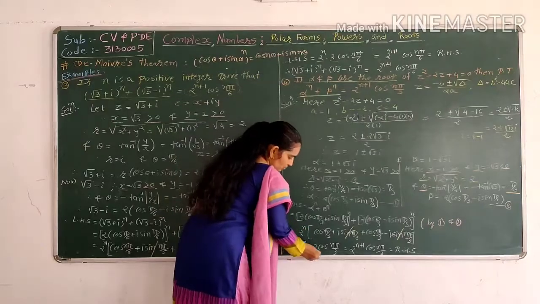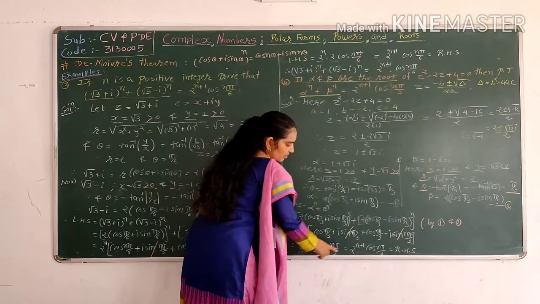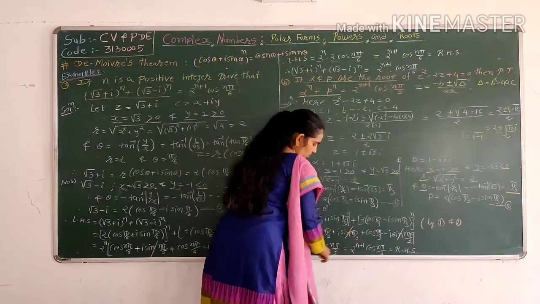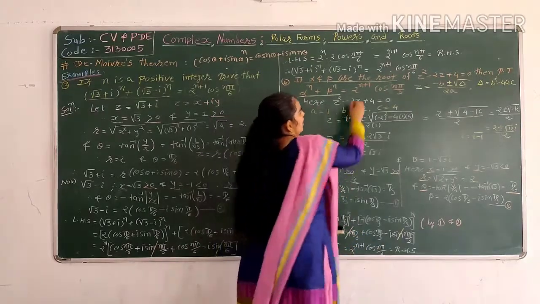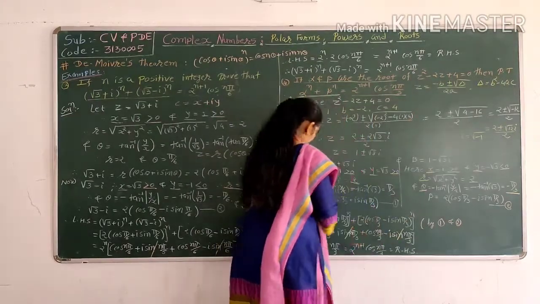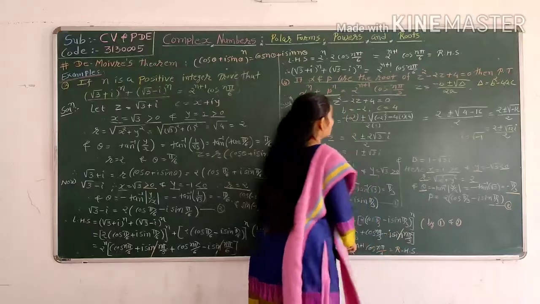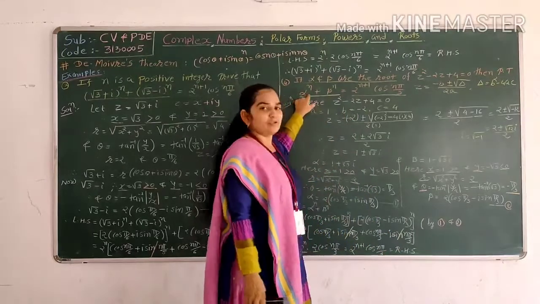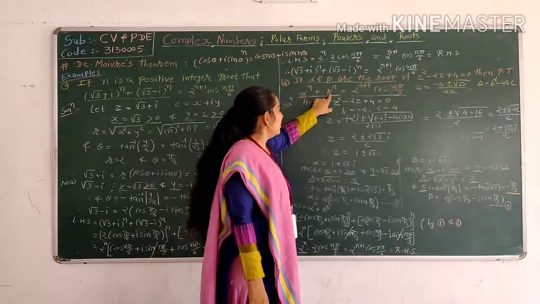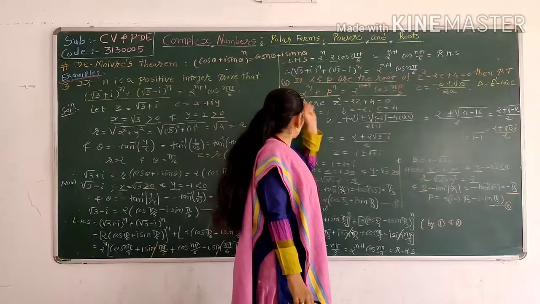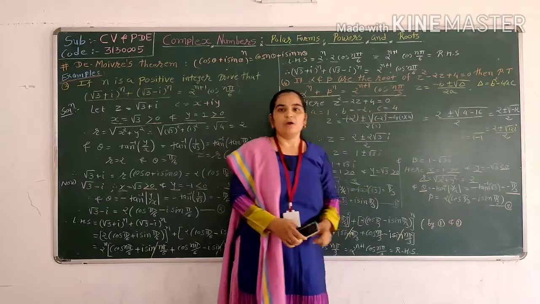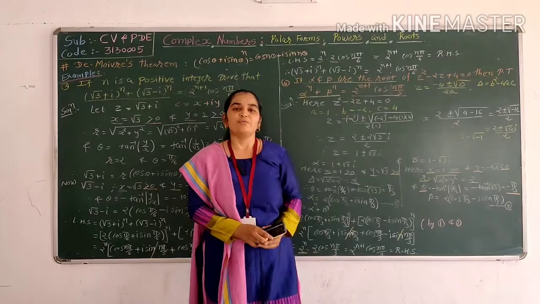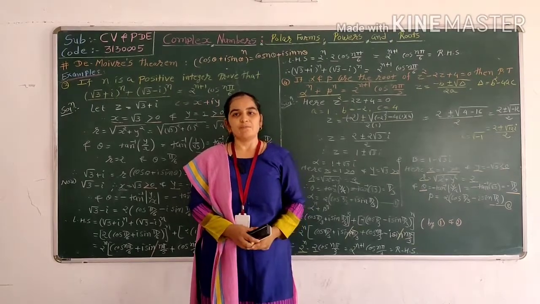Now 2 raised to n into 2, we can write 2 raised to n plus 1 cos n pi by 3. This is the RHS. Therefore LHS is equal to RHS. Therefore alpha raised to n plus beta raised to n is equal to 2 raised to n plus 1 cos n pi by 3. In the next video lecture we will learn roots of complex numbers.